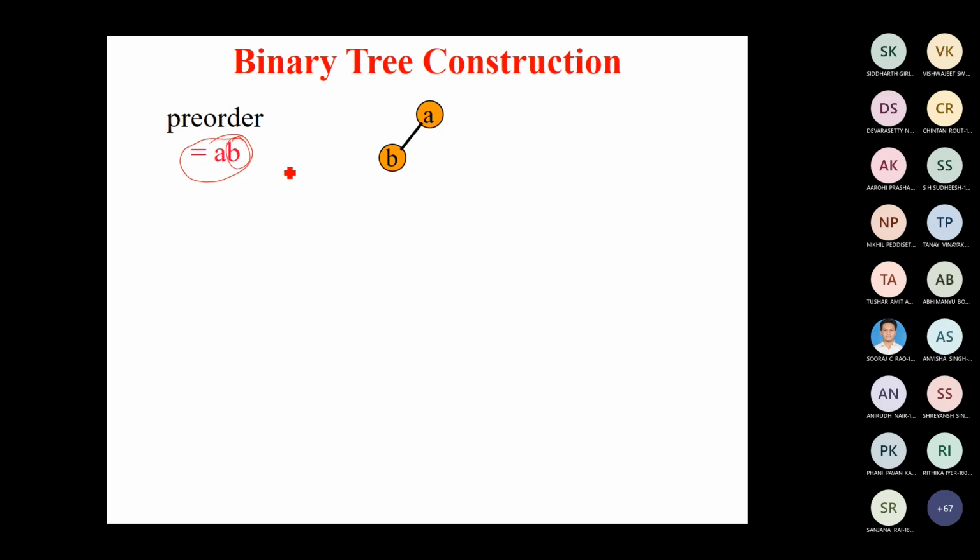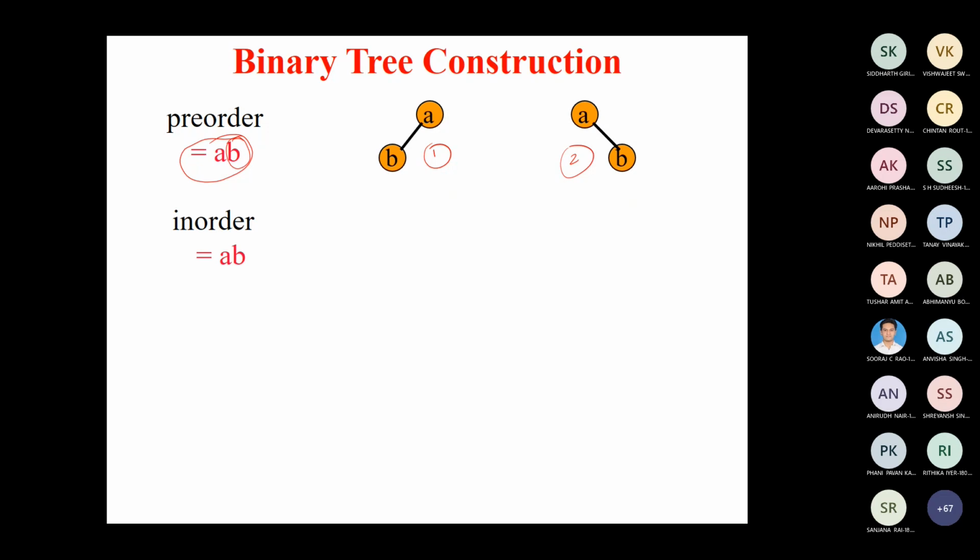If I assume that B is the left child, I get this. Sometimes B can also be a right child. So for the given pre-order output, I have two possibilities. The first possibility is this, where B is the left child of A, and in the second possibility, B is the right child of A. So uniquely you cannot produce it.